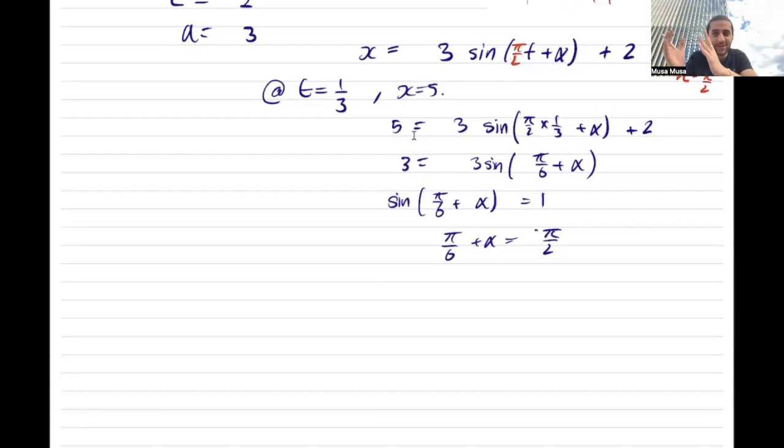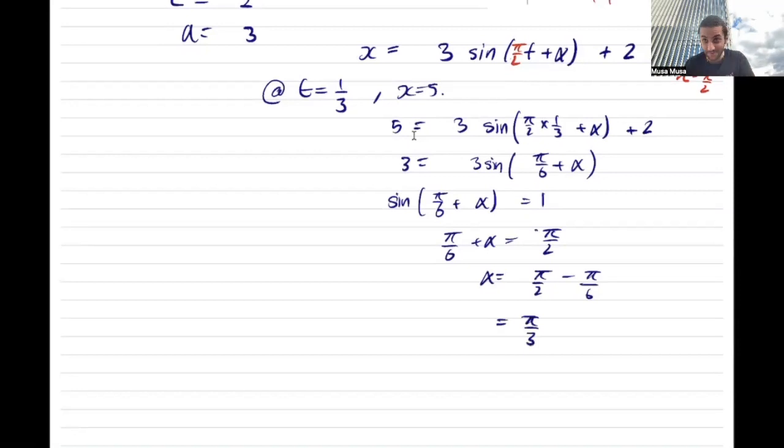It just means it's been translated by a full other period. Who cares? Anyway, this is the first one. It's the easiest. Then alpha equals pi on 2 minus pi on 6, which is pi on 2 minus pi on 6 times the first one by 2 pi on 3. Yeah, pi on 3.